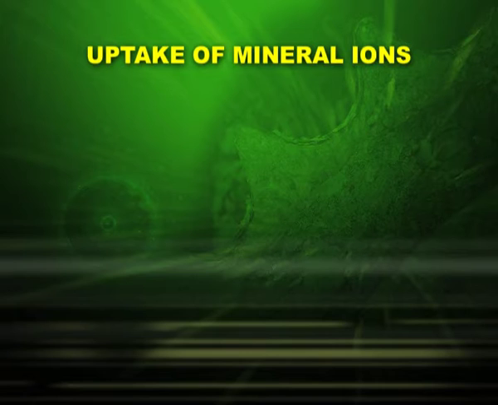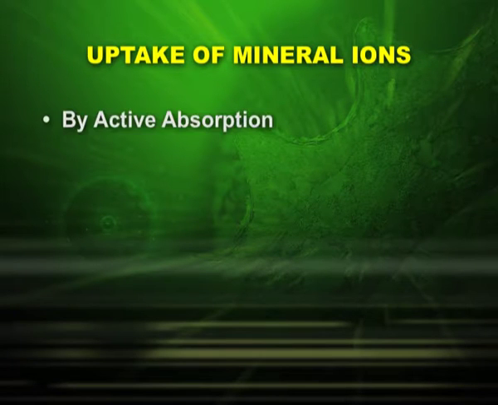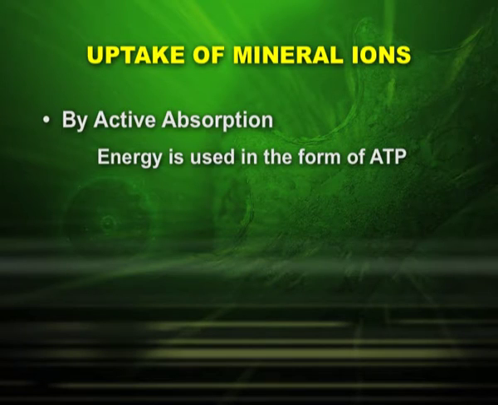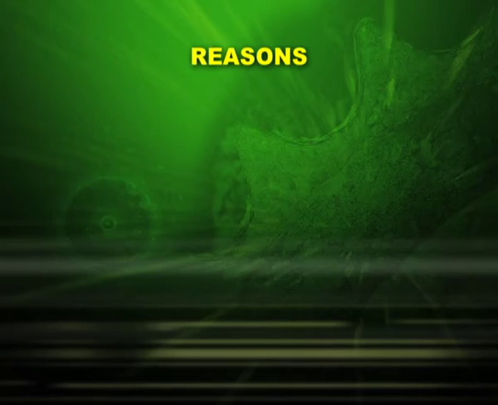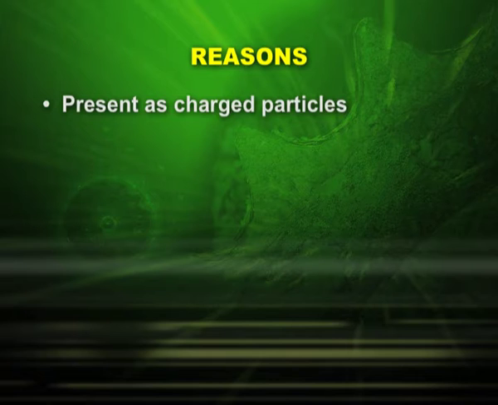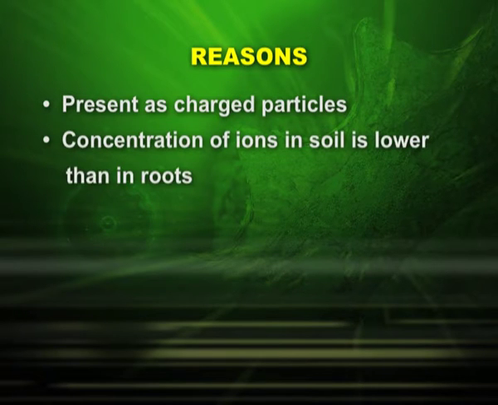So, the uptake of mineral ions takes place by active absorption, where energy is used in the form of ATP. What are the reasons for active absorption? Number 1, the presence of ions as charged particles, and second, the concentration of ions in soil is lower than in roots.